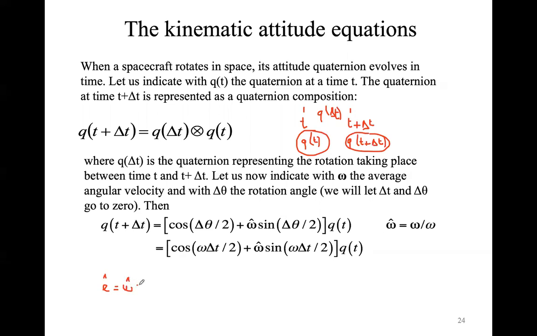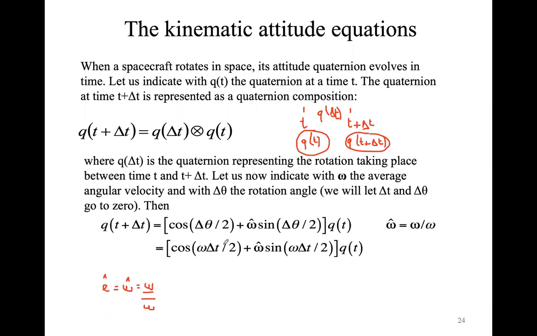So it will be this omega, dash for me, in order to show you that it's a vector, divided by the module of omega, where omega is basically the angular rotation of the spacecraft at that instant.